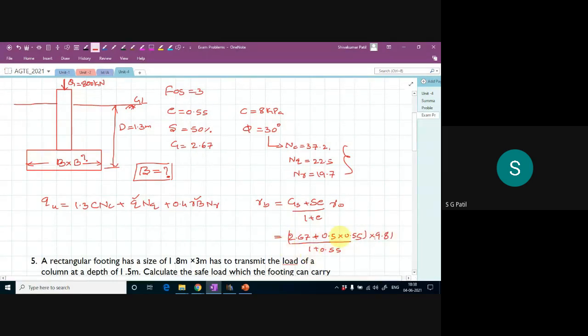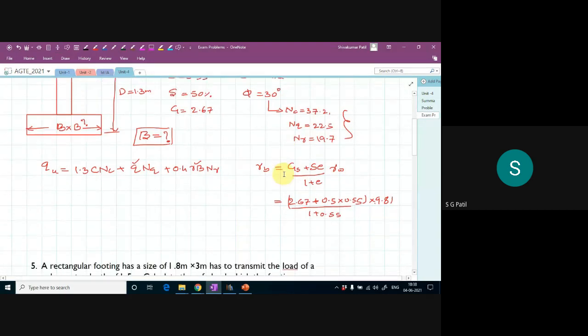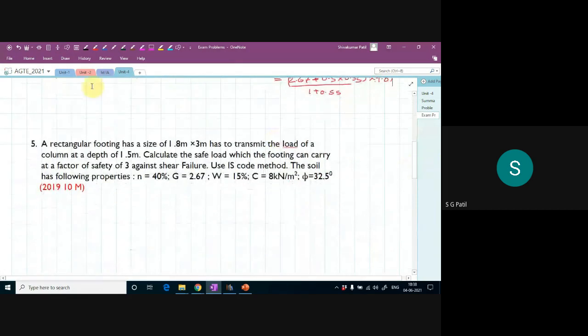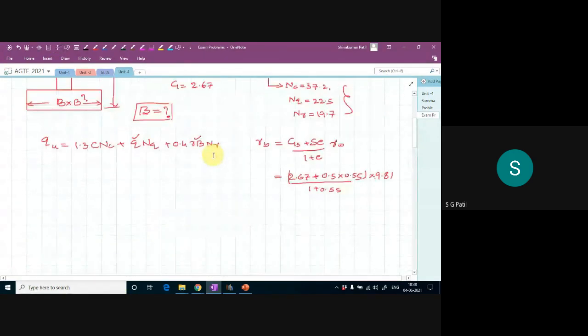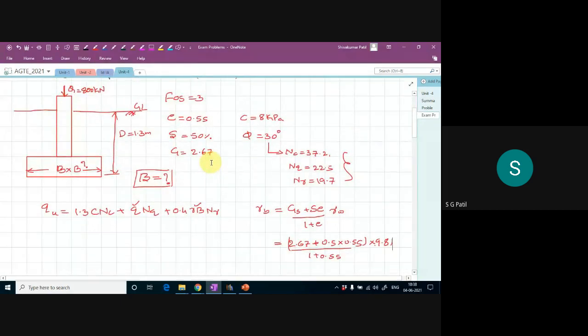How much you are getting? Bulk density? Tell me, what is your bulk density? 18.63. I think I got 18.64 kilonewton per meter cube. Okay, now I got the bulk density, so now I can calculate.